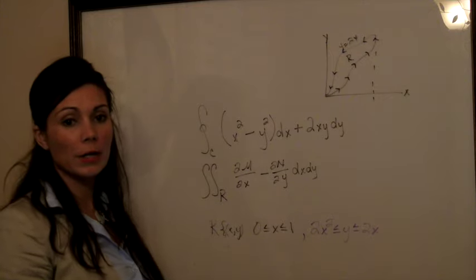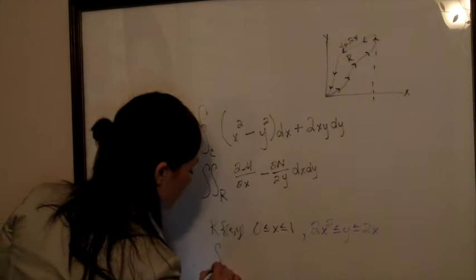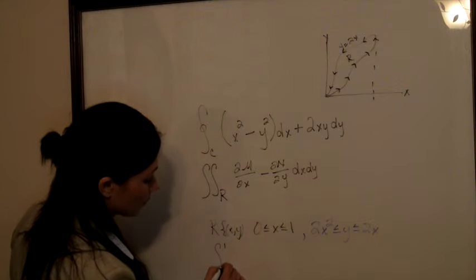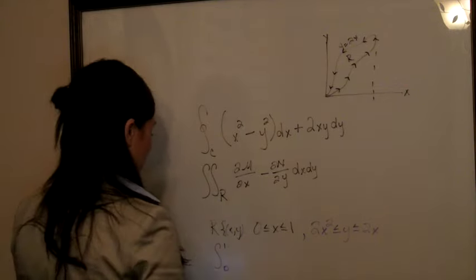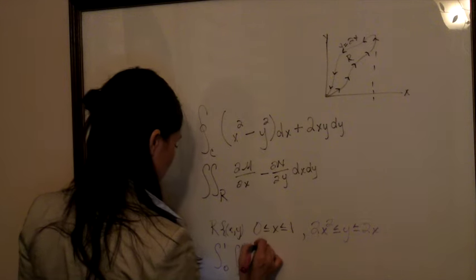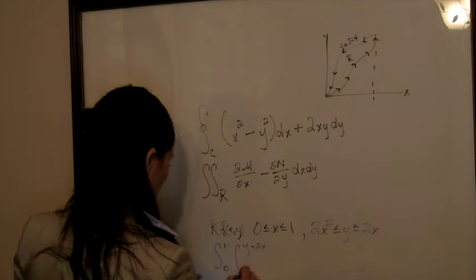So for our equation, we'll have the double integral with our upper bound of 1 and our lower bound of 0. And then we'll have our second integral with our upper limit y equals 2x and our lower limit y equals 2x squared.